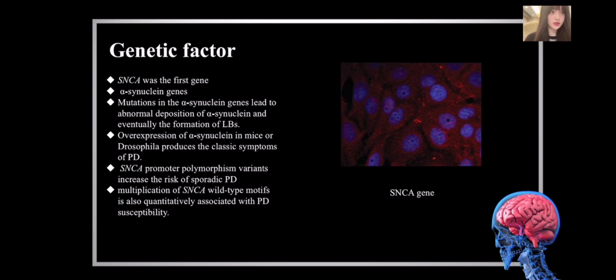Also, mutations in the alpha-synuclein gene are only found in a small proportion of patients with familial Parkinson's disease. The protein expressed by this gene is a major component of Lewy bodies. This suggests that it plays an important role in the pathogenesis of Parkinson's disease.